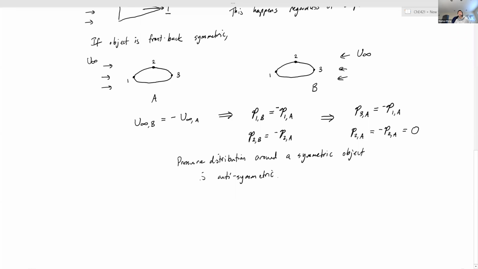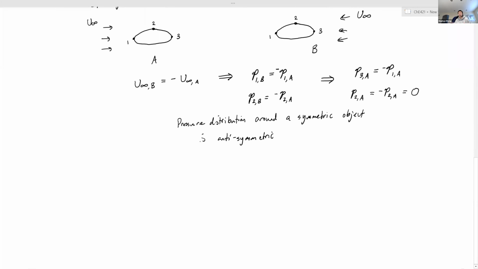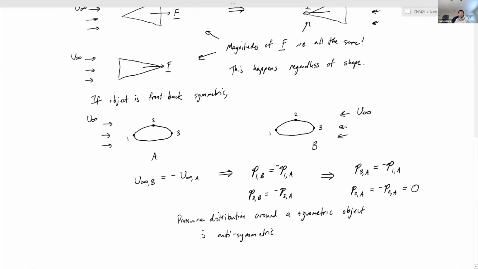Okay. And you can know that just from pure symmetry. You never even have to solve any equations whatsoever.